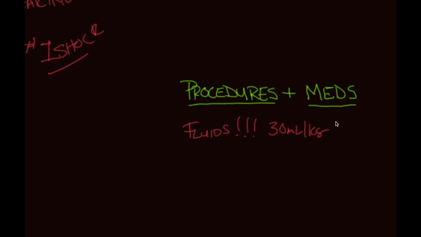Now, I would be cautious with people with things like congestive heart failure and pulmonary edema, but don't withhold fluids. Reassess your lung sounds before and during your fluids to make sure that you're not causing any worse pulmonary edema. But don't be afraid of it.